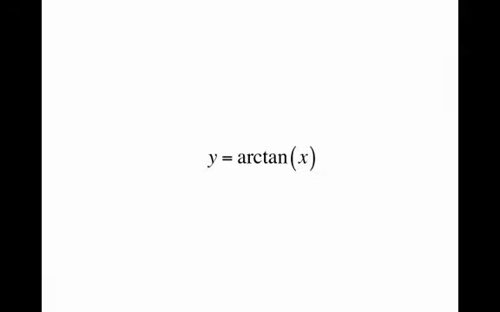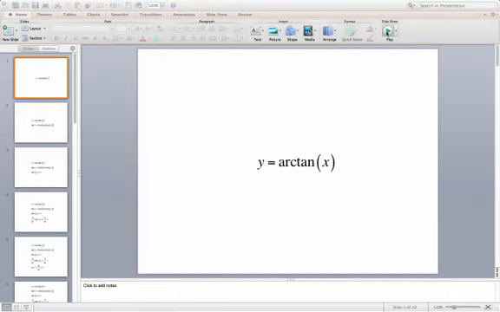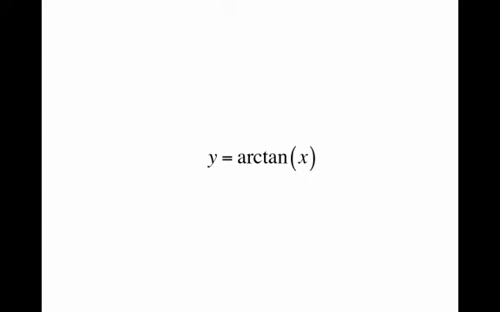Okay guys, what we're going to do today is I'm going to show you how you find the derivative of the arctangent. So if y equals arctan x, that also is sometimes written as tan inverse x, then first of all what you want to do is get rid of that arctan.